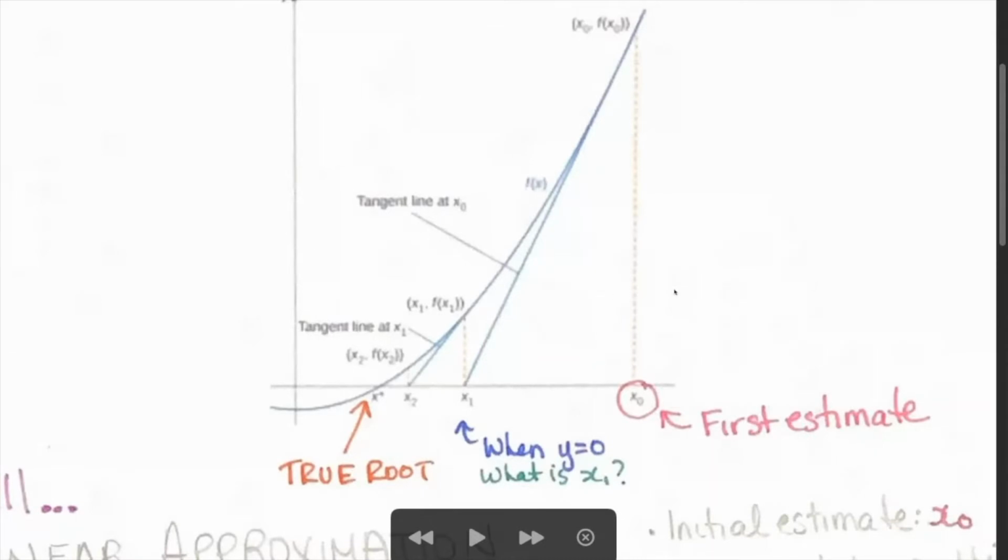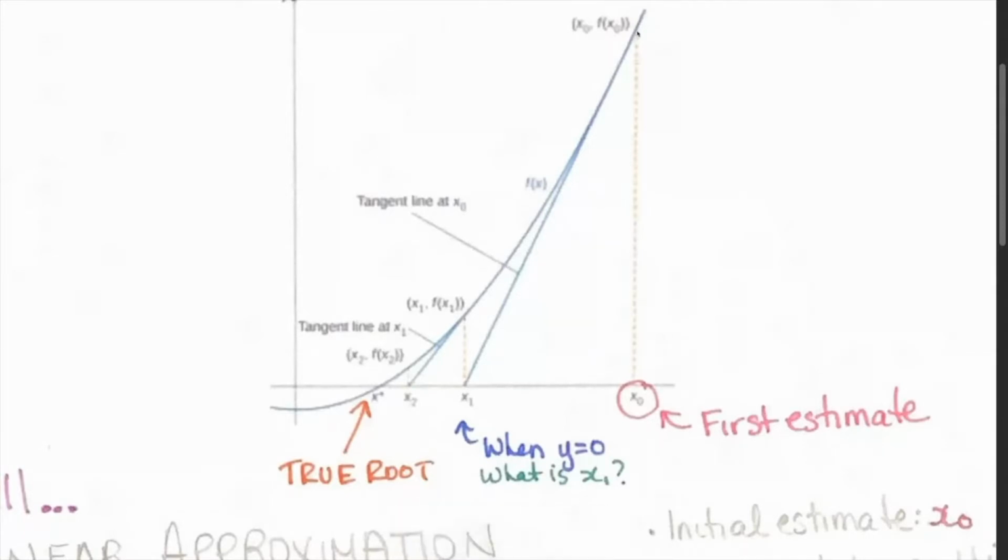Now you'll recall in the past we've used linear approximations or these tangent lines to help us estimate the values of other y values that are close to this point. But in this case, we're going to use this tangent line to help us estimate the root.